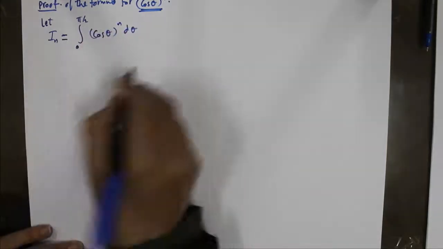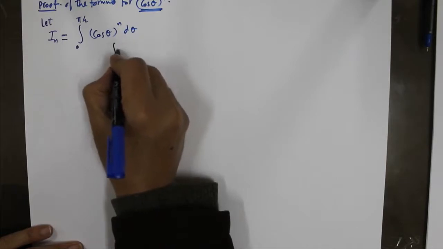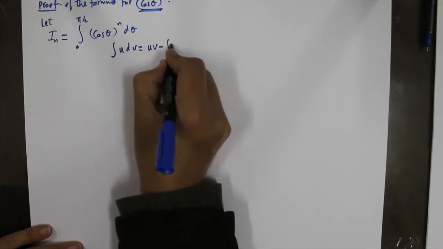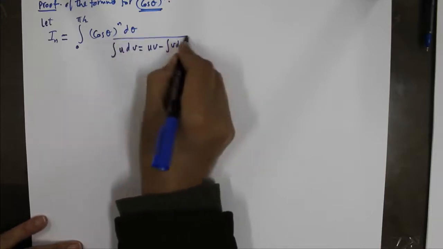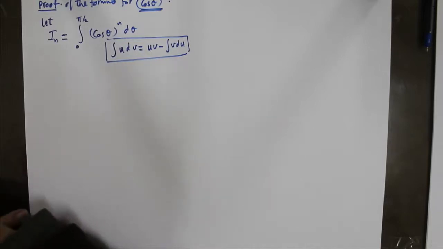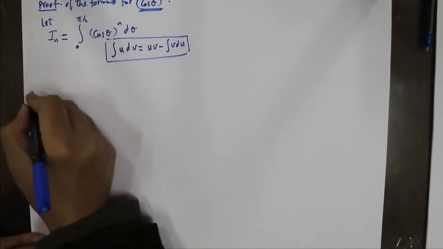So you know the integration by parts formula, integral of u dv equals uv minus integral of v du. Or you can use the tabular form or the DI method as you are used to. So no problem, we will do it again.